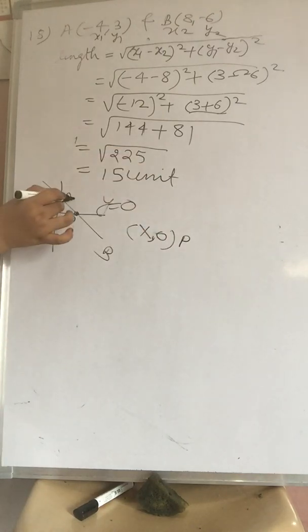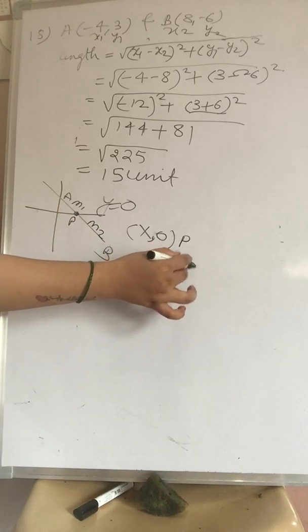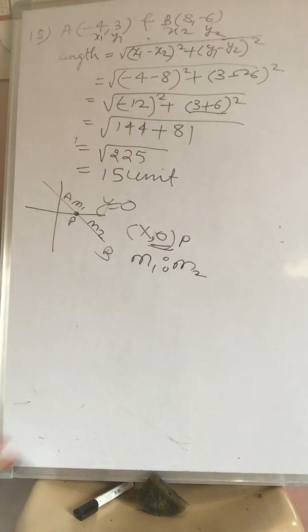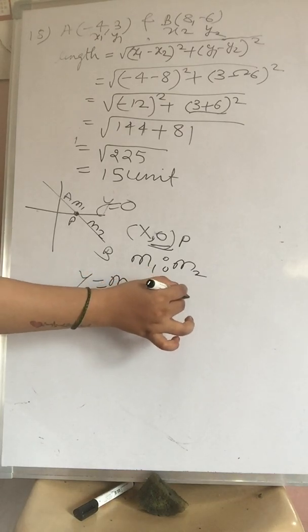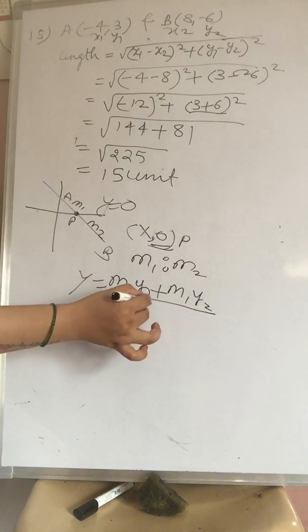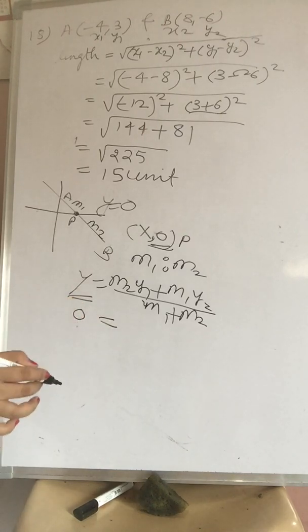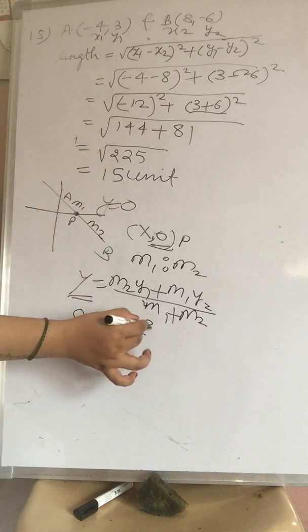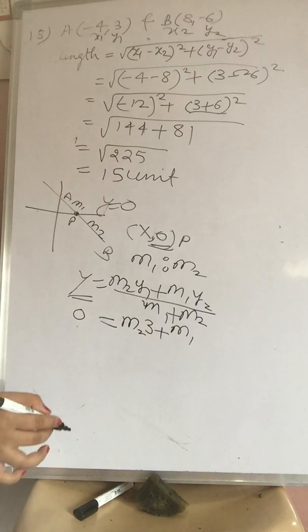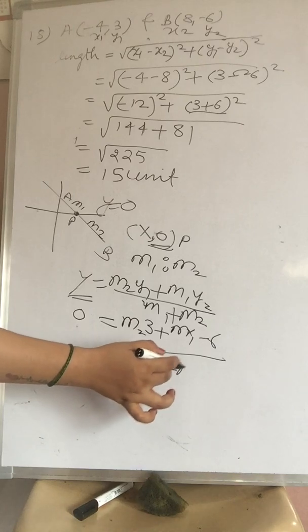Apply the formula. Let the ratio be m1 is to m2. If we have the value of y as 0, then consider only y, no need to take x. y is equal to (m2 y1 plus m1 y2) upon m1 plus m2. Put the values: in place of y we have 0, m2 times y1, which is 3, plus m1 times y2, which is -6, upon m1 plus m2.